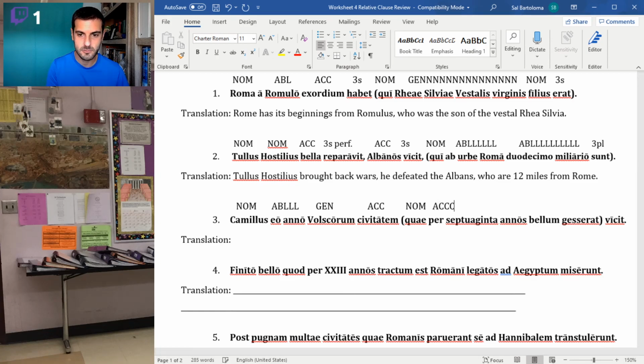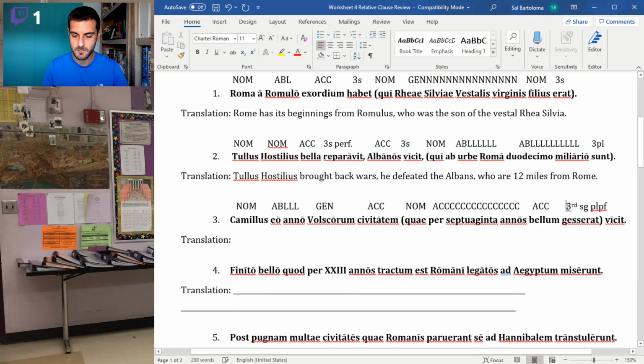Per septuaginta annos, that's a prep phrase. Bellum gesserat, that's third singular, that's a pluperfect. And then my main verb at the end here, vicit, that's third singular perfect. Okay, so we always have the outside part, the main clause, and then we hook the inside part onto it.